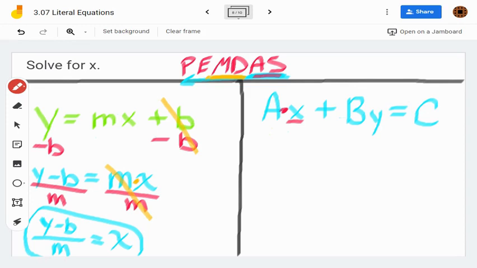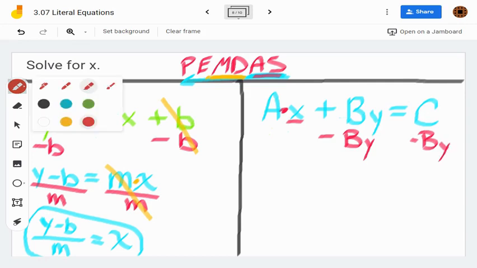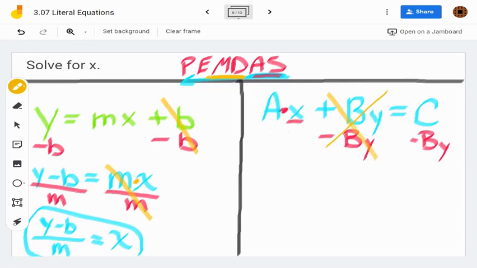Now we're not just going to subtract b or just subtract y, but we can subtract that as a group, or as a single unit. Also got to do it to the other side. That makes 0 on the left. We still have a times x, ax, but now on the right it's c minus by.